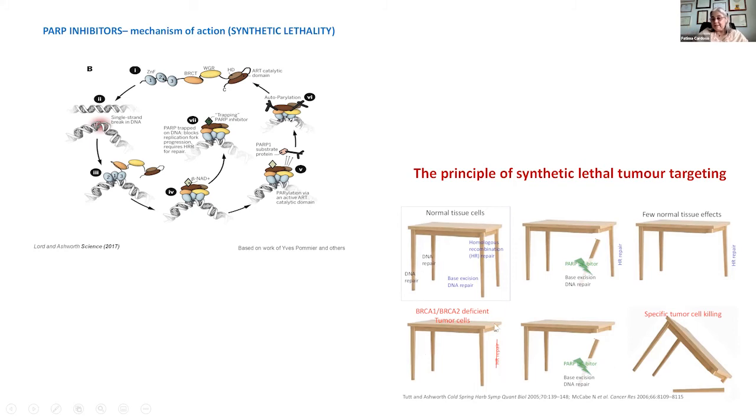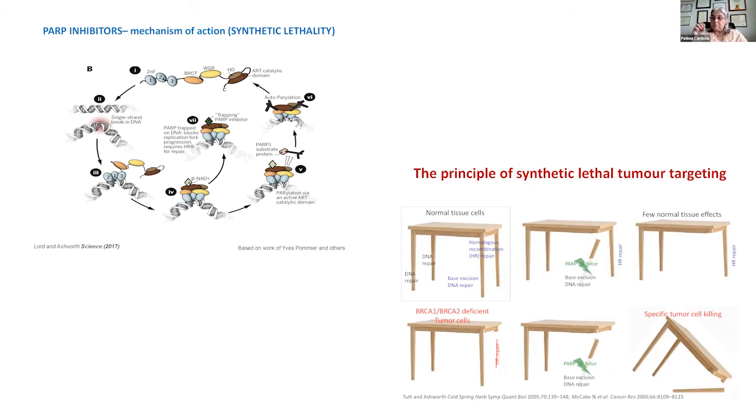So imagine a table that doesn't have one of the legs, right? So that's what you see in the lower part of the figure. That's a tumor cell with a BRCA gene, a breast cancer gene deficiency. If you hit another leg, the table is not able to stand, right?